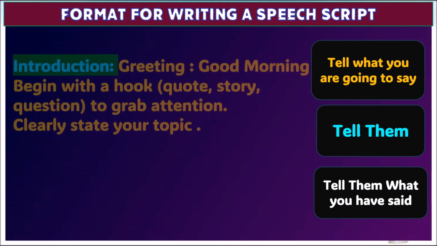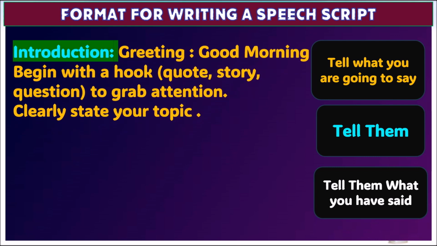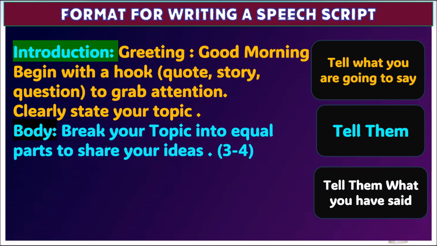So first is all about introduction, and you have to greet the audience and begin the speech with a hook, or by asking a quote or a question or telling a story to grab the attention, and clearly state your topic, what you are going to talk on that particular day.